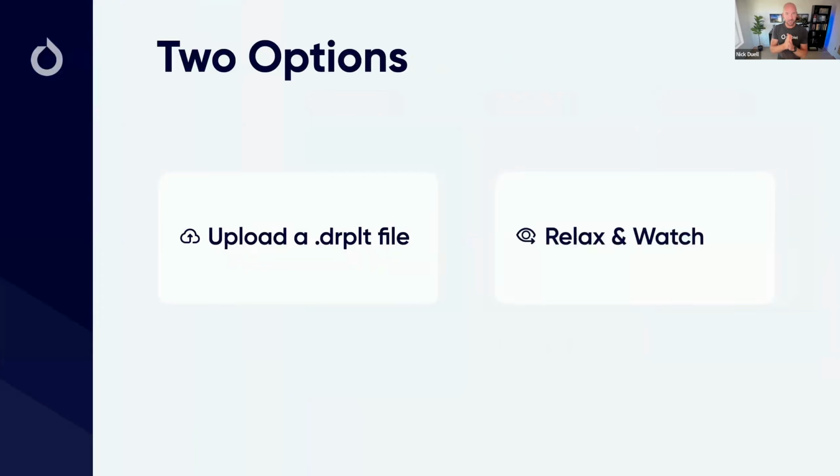Okay, so for this training session, you have two options on how you want to participate. One is you could upload a Droplet file to your instance of Droplet, have me up on one monitor and then have Droplet up on another. I'm going to paste a link in the chat in case this is your speed. This is a Google Drive link.